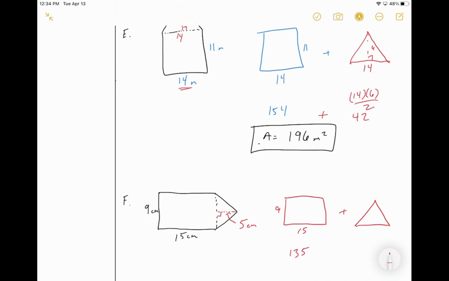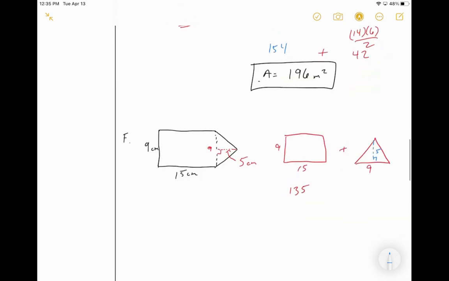All right, for the triangle, this is 9 right here. So that means this is 9 right here. And this height is 5. So 9 times 5 divided by 2, which is 22.5, and 135.